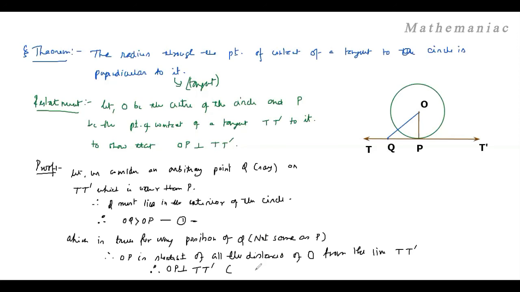Here we'll write: since the shortest distance is the perpendicular distance. Please note it, and that's the proof. So we can write OP perpendicular to TT dash. I did not write the concluding step, you write that, but that's the proof.